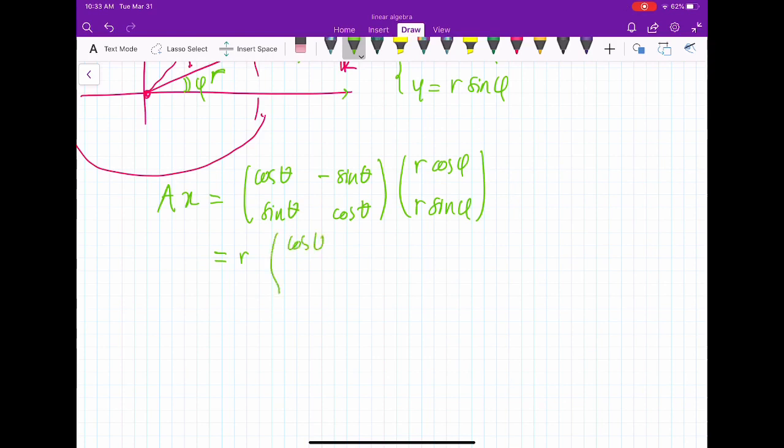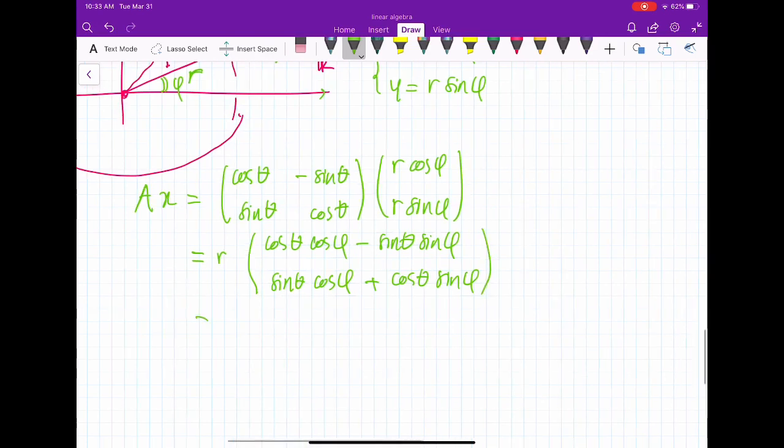Inside you have cosine theta cosine phi minus sine theta sine phi. The second coordinate is sine theta cosine phi plus cosine theta sine phi.